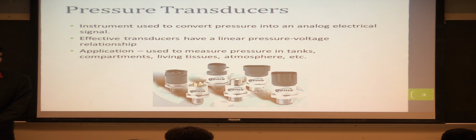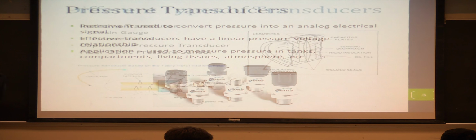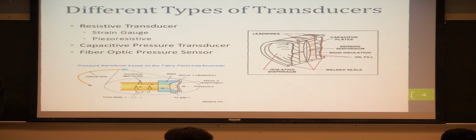The most common application, of course, is to measure pressure in tanks or compartments, and also in living systems. So the most common types of pressure transducers are resistive, capacitive, and now they're developing fiber optic pressure transducers.